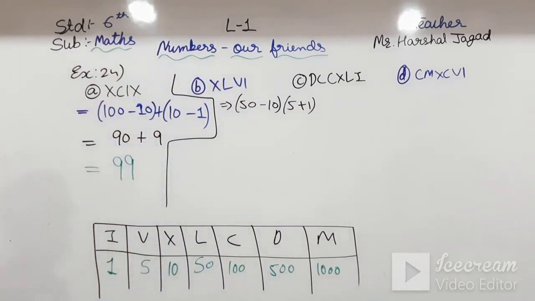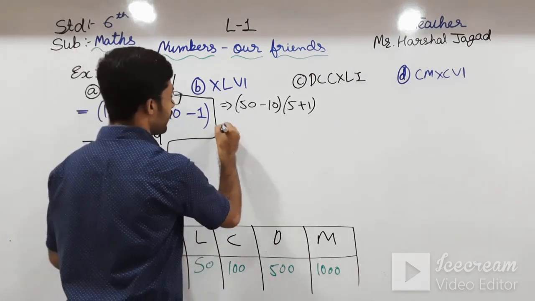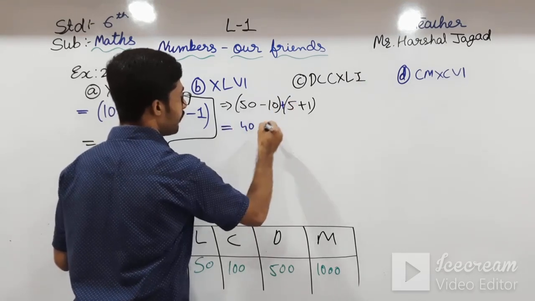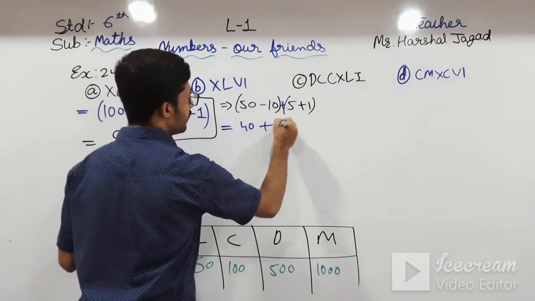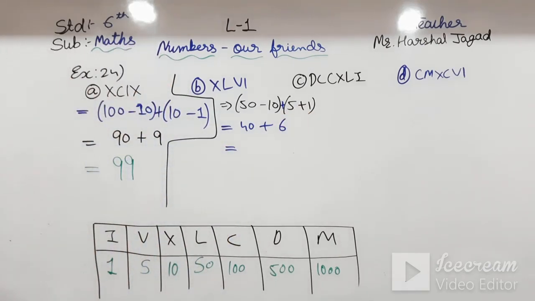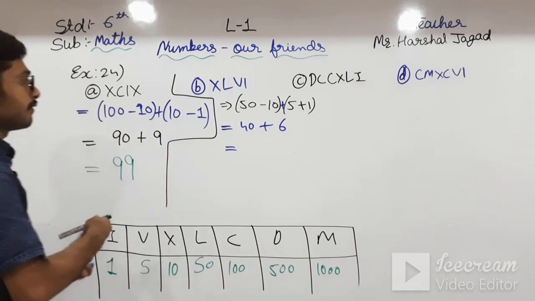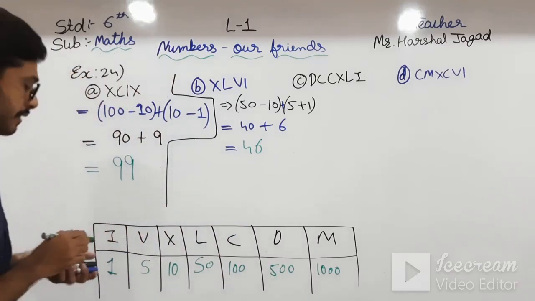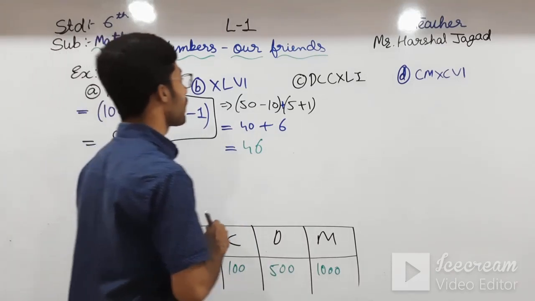Calculate this students. So 50 minus 10 is 40, plus 5 plus 1 is 6. So write down students, the answer is 46.